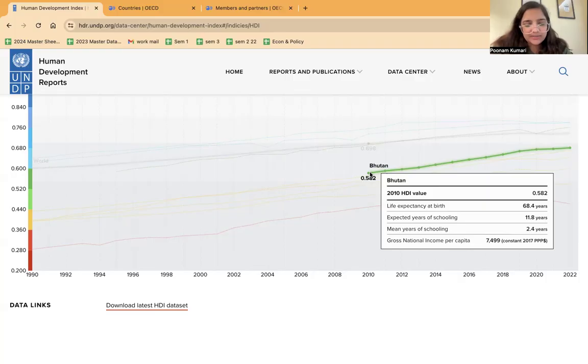So when did Bhutan get democracy? Bhutan has a population of 7 lakh people.